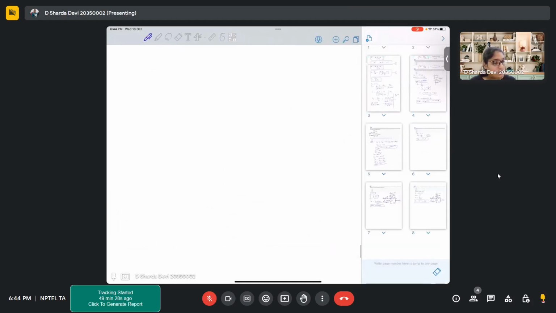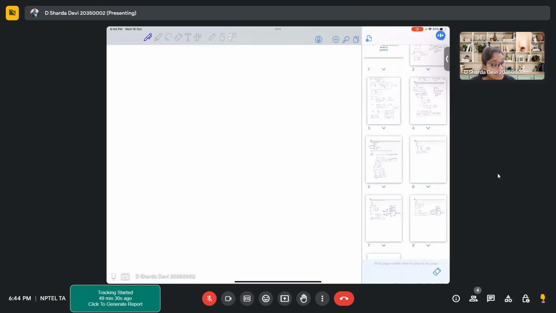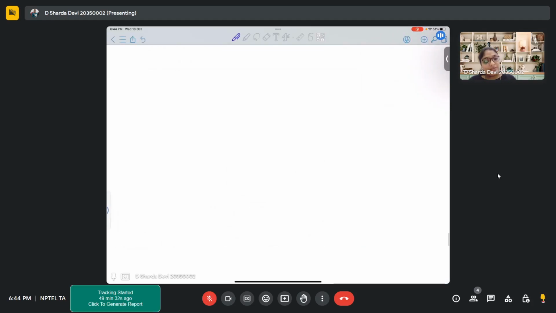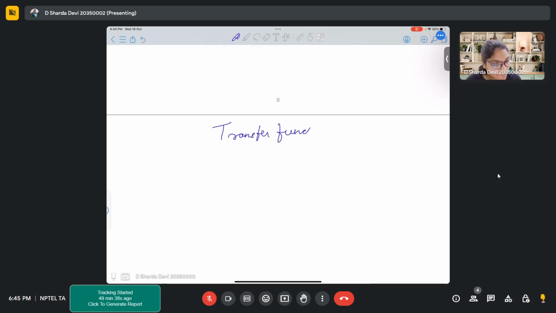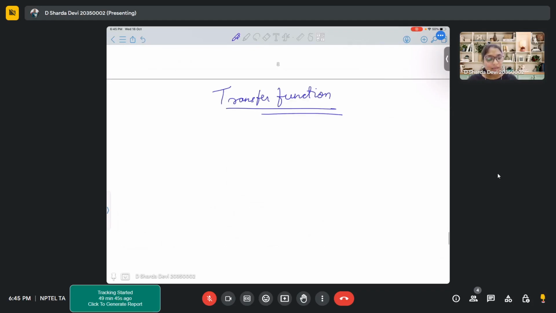It depends on the type of transfer function. Let's say your system only consists of poles, and you already know it only has two poles. Then how to write your transfer function?